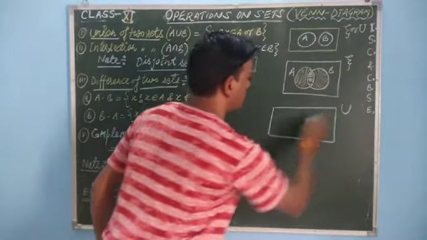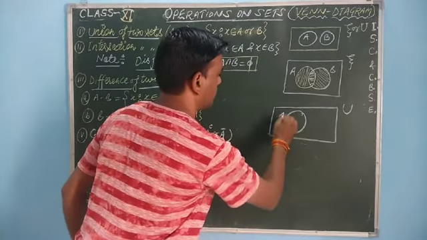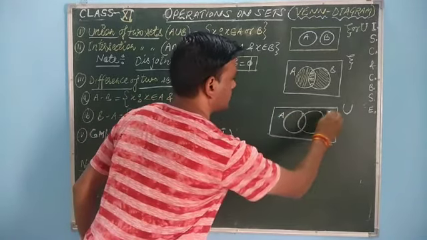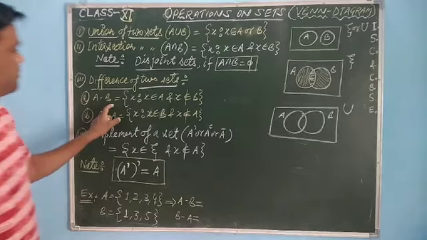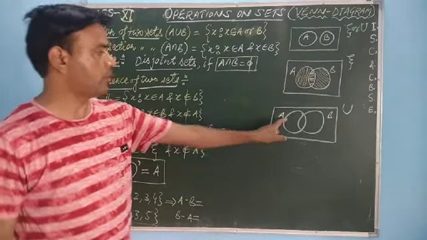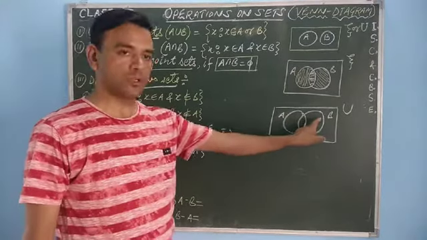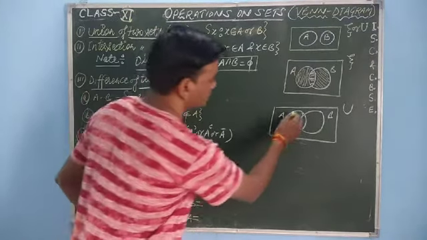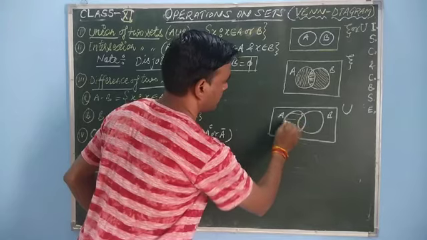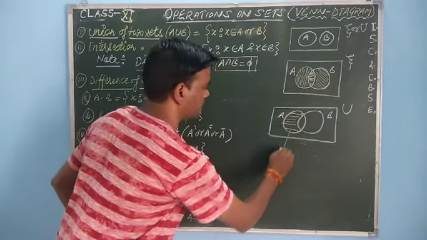Suppose this is the universal set, this is set A and this is set B. So A minus B means those elements which belong to A, not belonging to B. It means this shaded portion will represent A minus B.